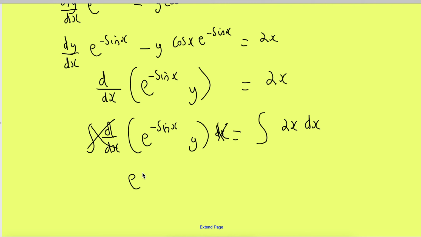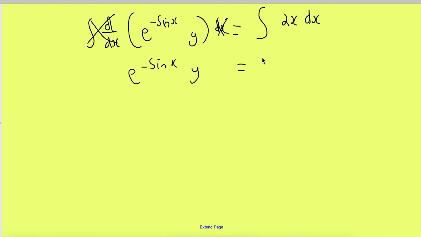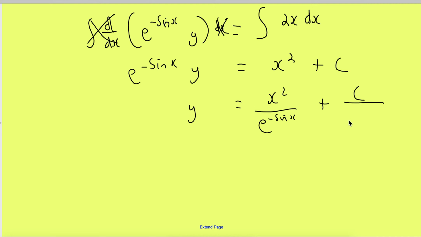So e to the power of negative sine x times y equals, if you integrate that, that just becomes 2x squared over 2, which is x squared plus c. Nearly there. I just need to divide by that, so y equals x squared over e to the power of negative sine x plus c over e to the power of negative sine x. And that's my general solution.